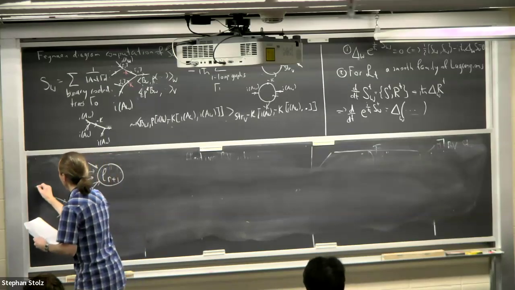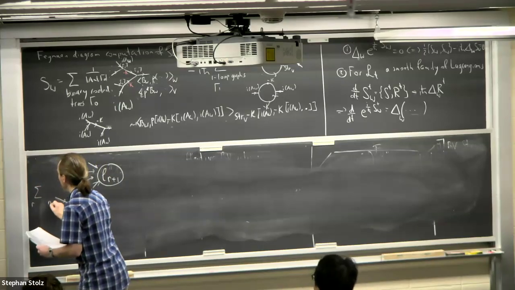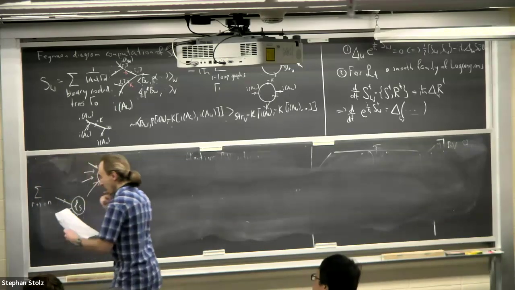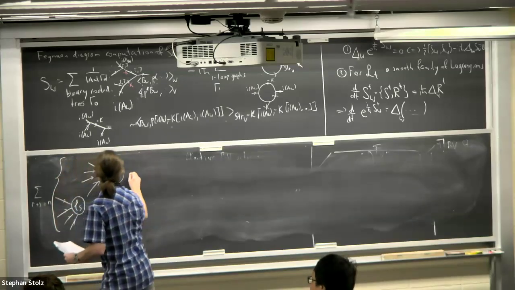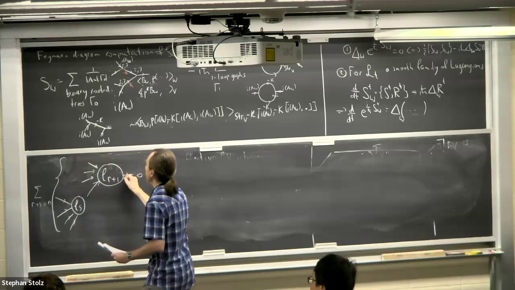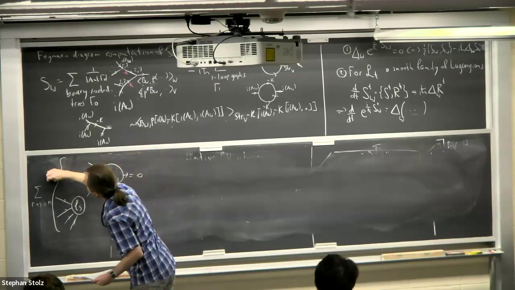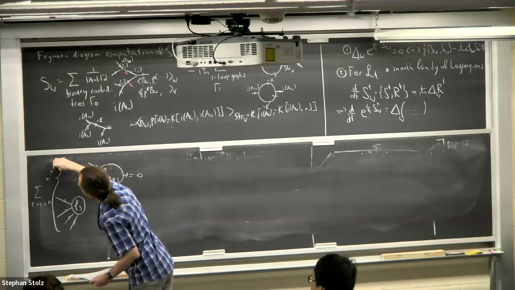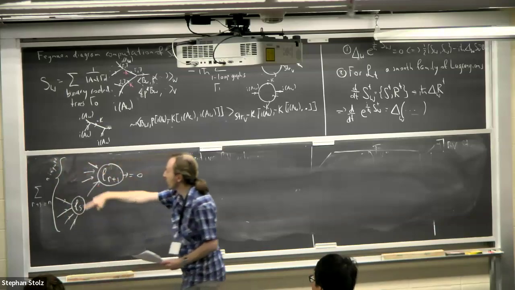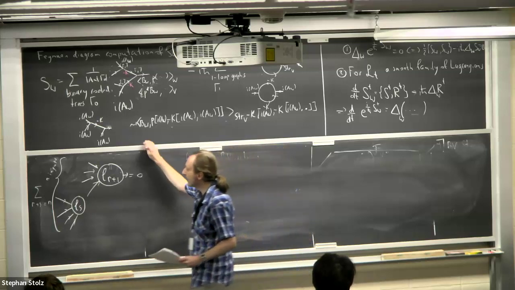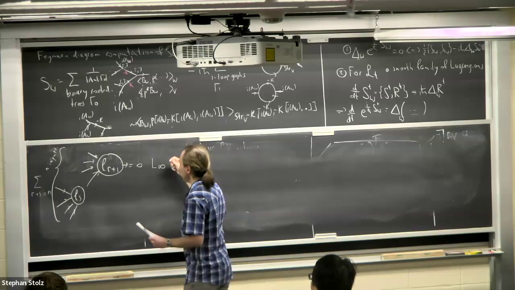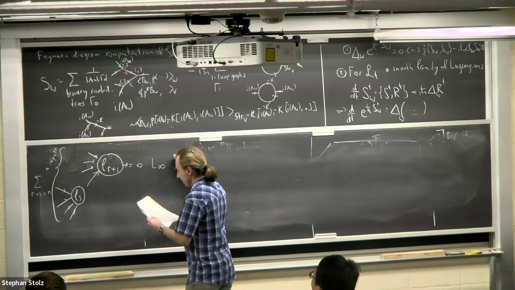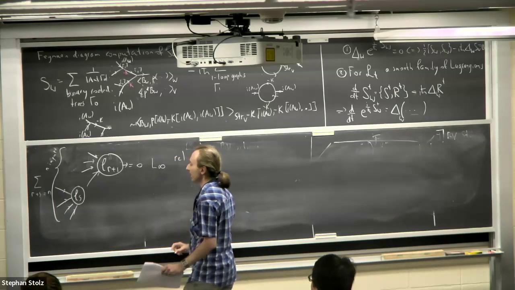If I sum over ways to split n into r plus s, so then I have n inputs here, then this sum should be 0. Implicitly I'm also skew symmetrizing over the inputs. So that's the usual L infinity relation, or homotopy Jacobi identity. The classical L infinity relation.